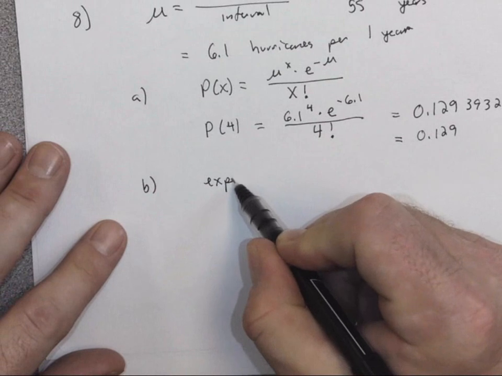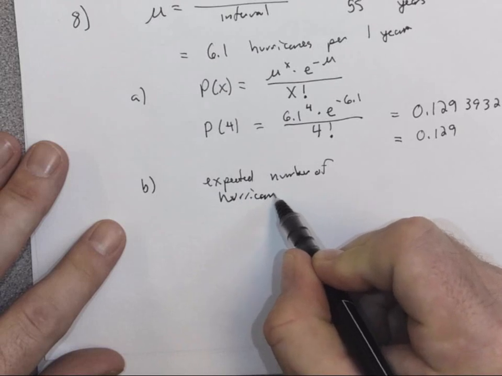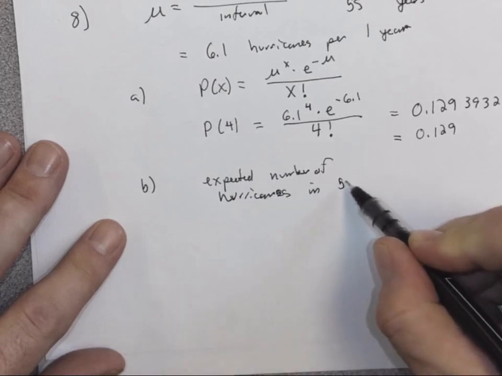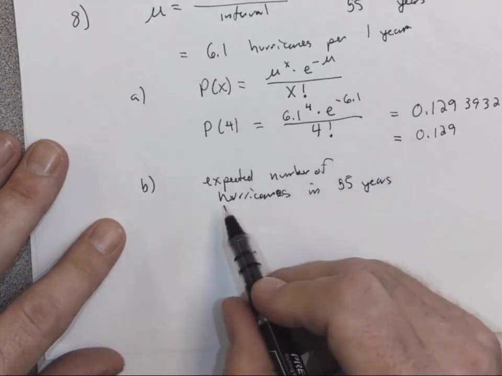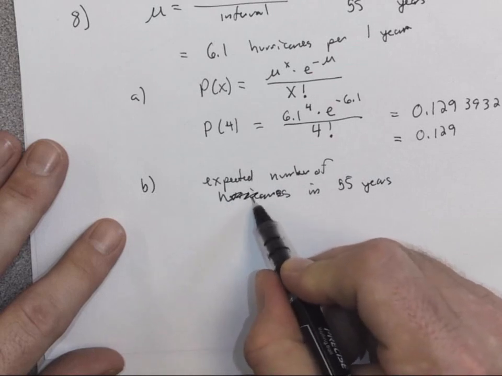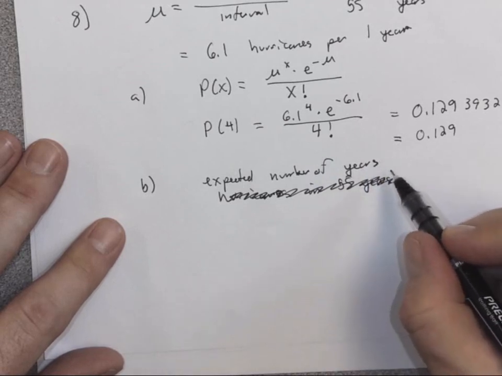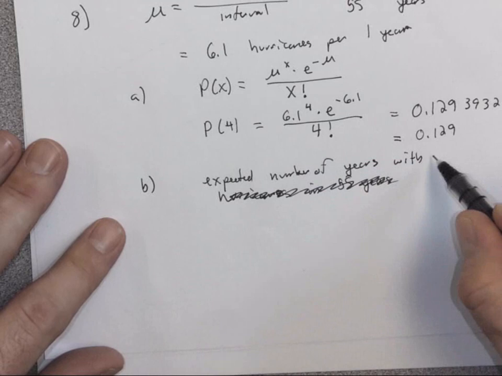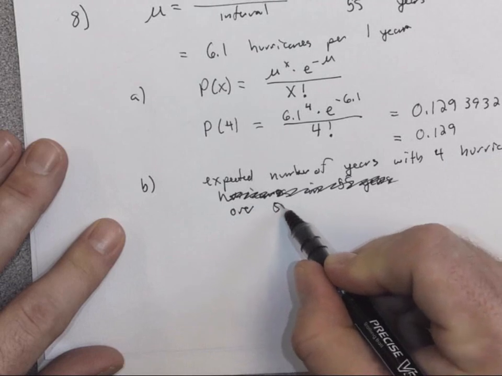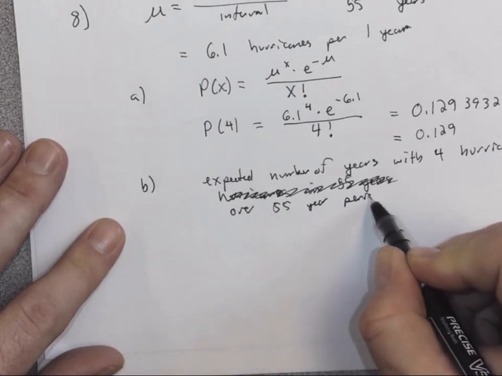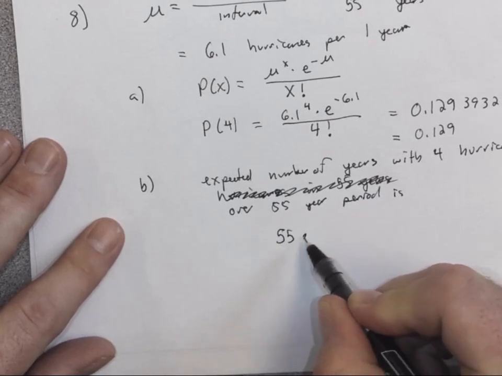So the expected number of years with exactly 4 hurricanes over a 55-year period is, you're going to take your 55 and multiply it by P of 4.